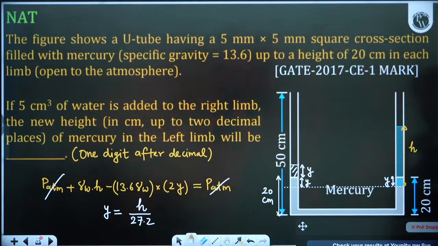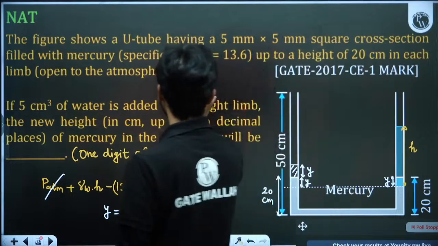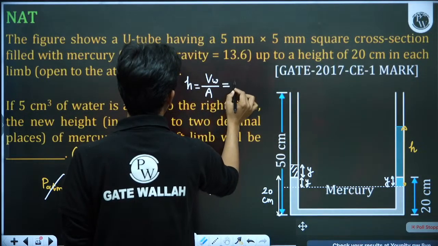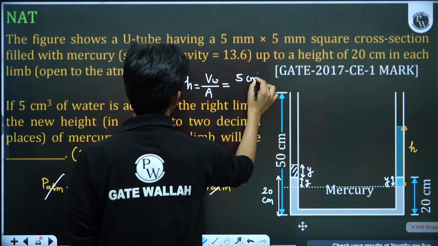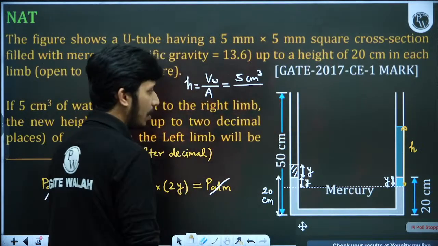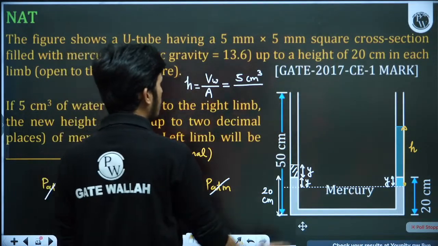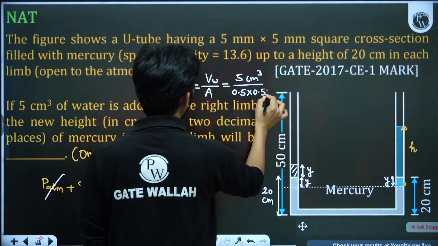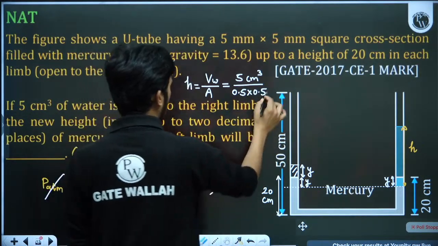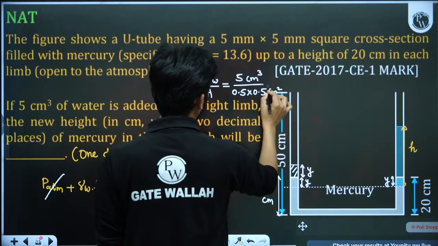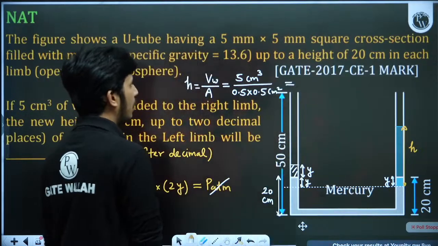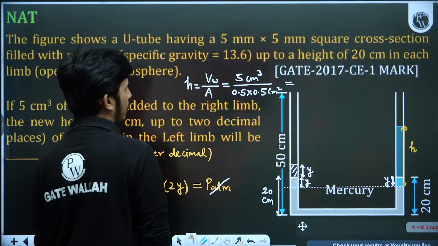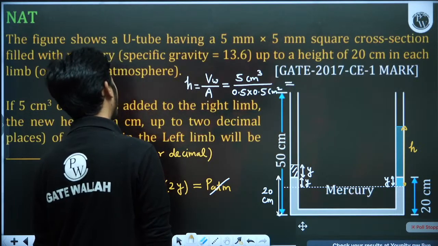H is the total volume of water divided by the area of the tube. The volume of water is 5 centimeter cube, and the area of the tube is 5 mm by 5 mm square cross section, so 0.5 centimeter into 0.5 centimeter. 5 upon 0.25 means 20 centimeter.